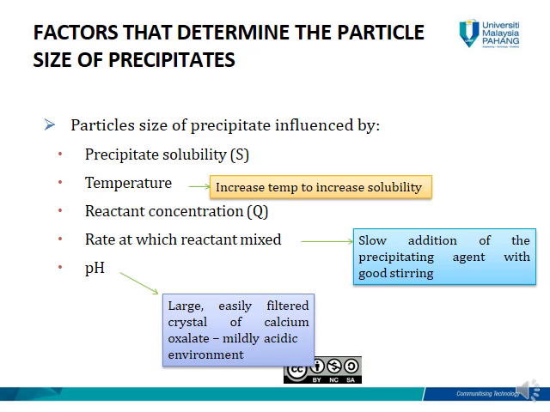When we talk about pH, basically it will form large or different sizes of particles. For example, calcium oxalate crystals can be formed at mild acidic pH, and you can see they are very large in acidic pH.